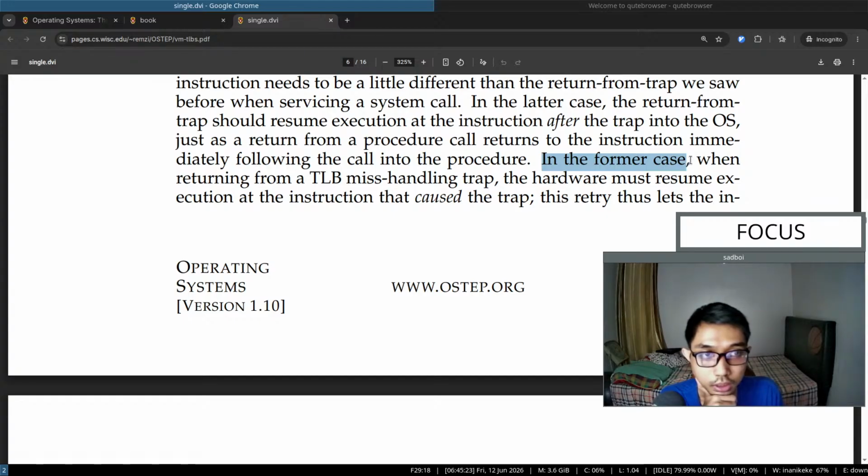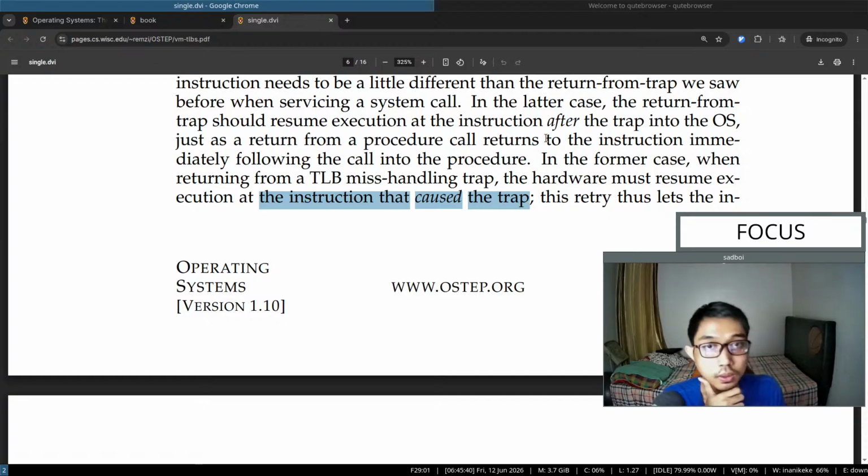In the former case, when returning from a TLB miss handling trap, the hardware must resume execution at the instruction that caused the trap.